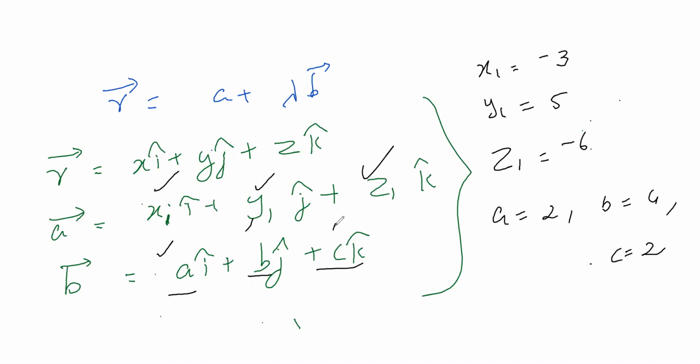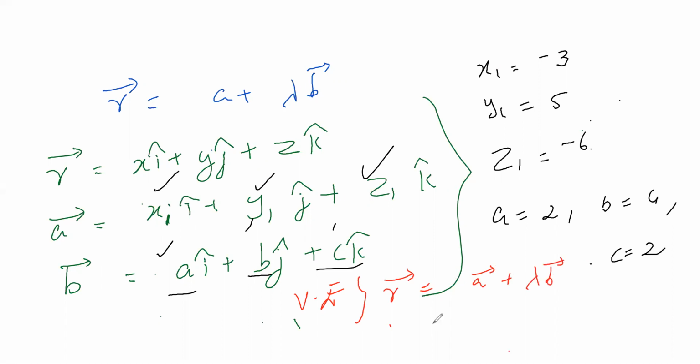For xi, yj, and zk, I cannot do anything else with that. But what is my vector equation? r = a + λb.